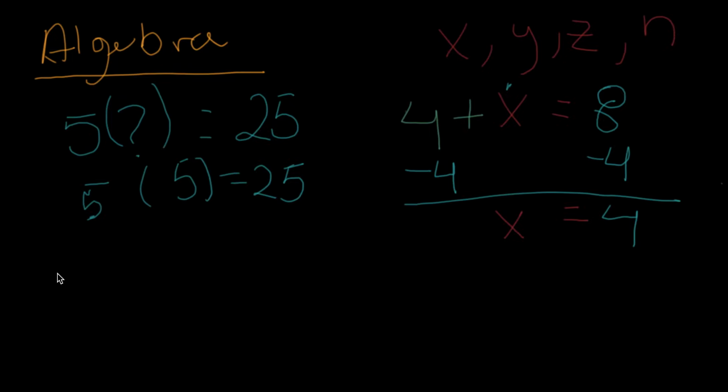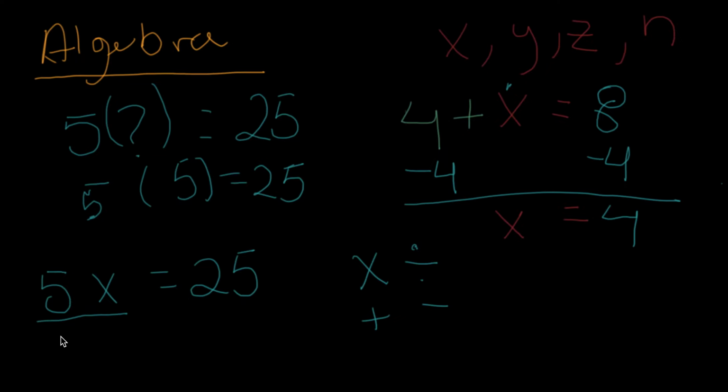So how can we solve this using a variable? Well, if we do 5x, we're assigning x as a value that we don't know is equal to 25. What we're going to do again is our opposite operation. In this case, we're multiplying, so we're going to be dividing instead. And if we were adding, we would be subtracting instead. So 5 times x, and we want to get x by itself. The first thing we're gonna do is divide by 5 on both sides.